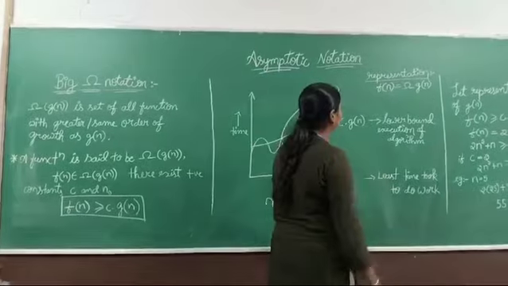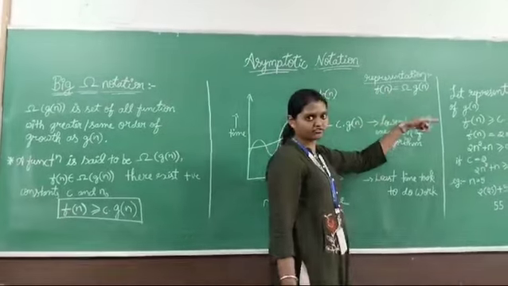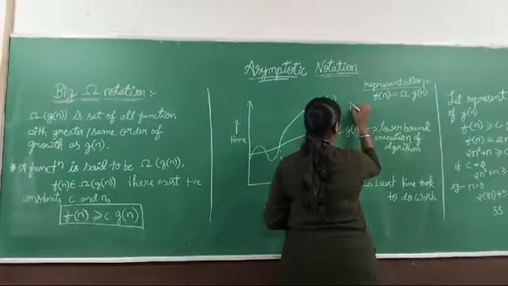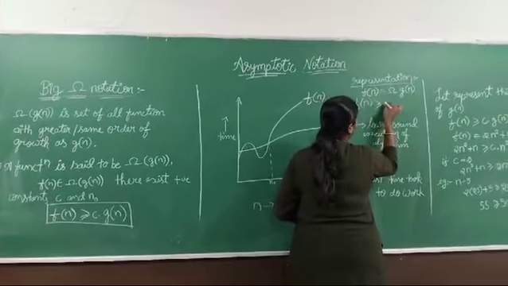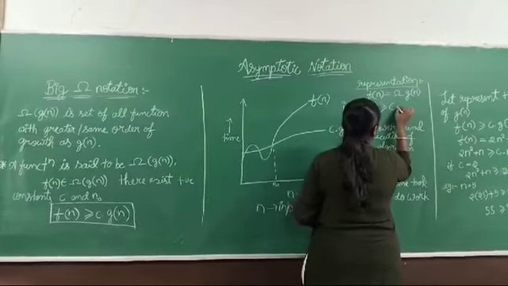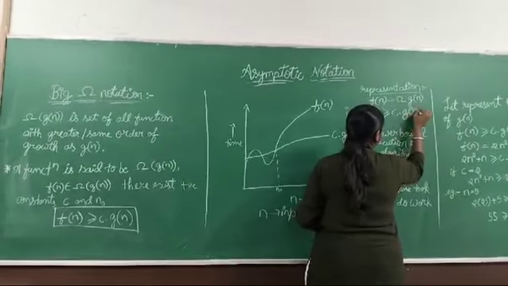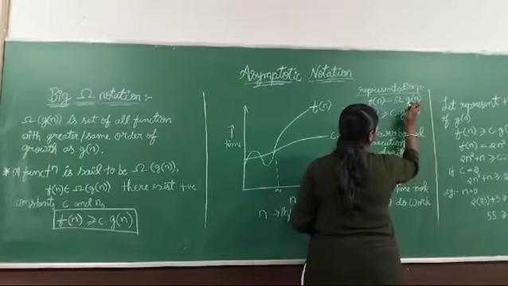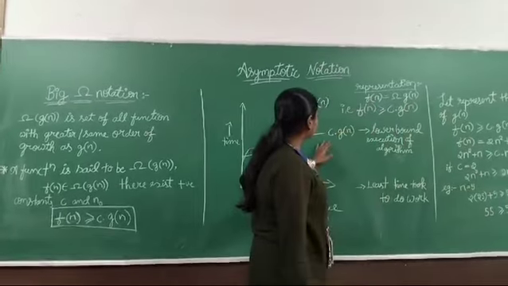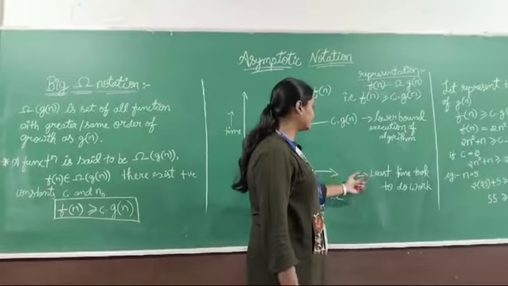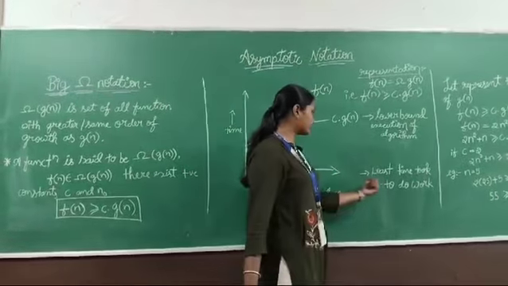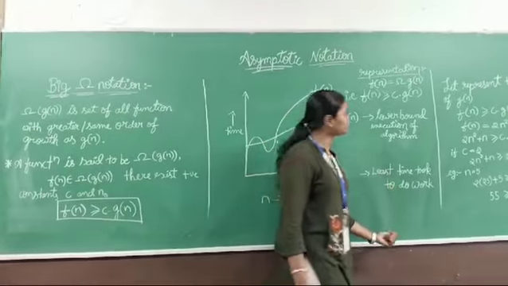In this graph representation, f of n equals omega of g of n, that is, f of n must always be greater than c into g of n. This represents the lower bound execution of an algorithm. This is the least time to do a work.